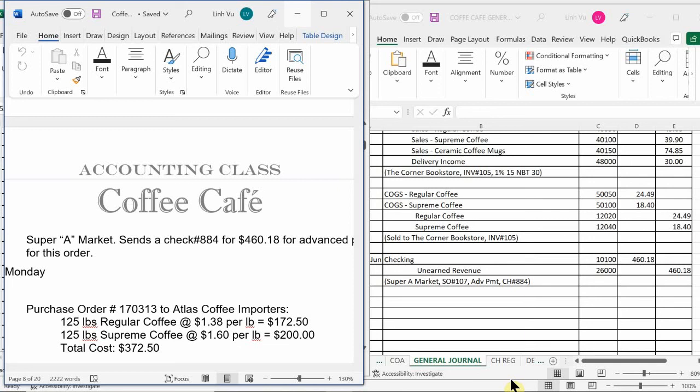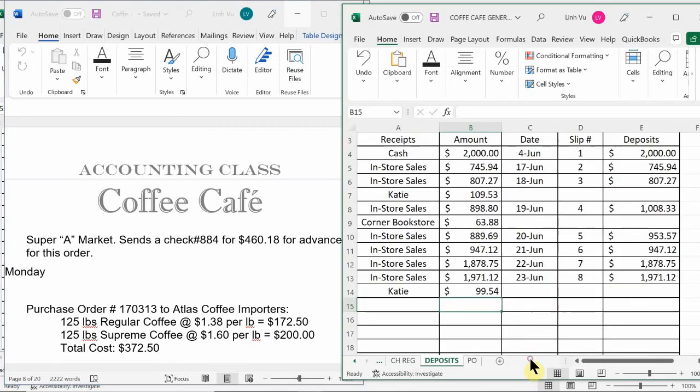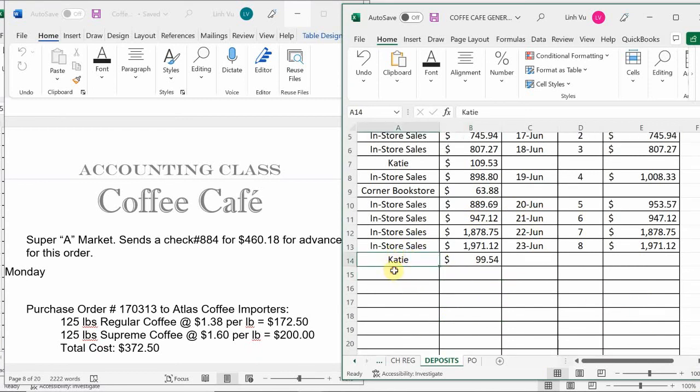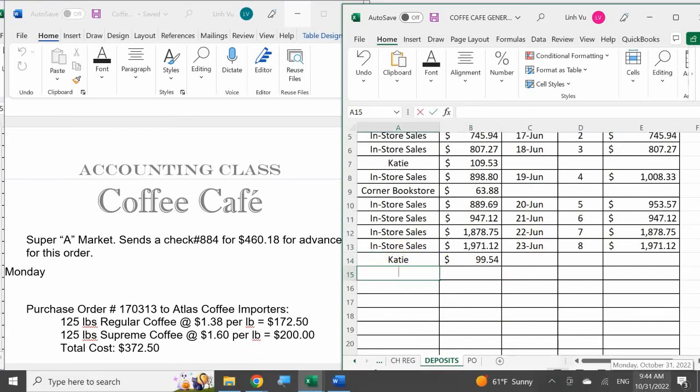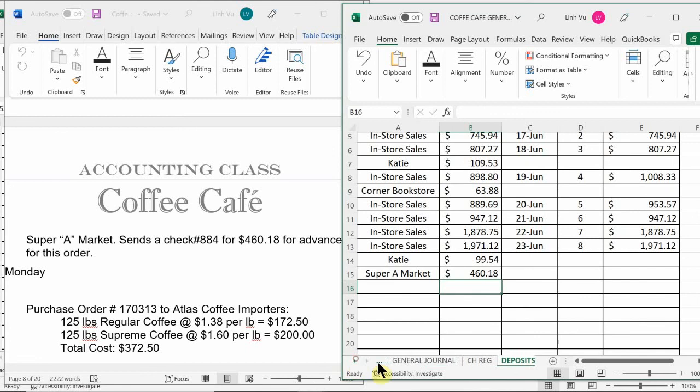You got to go to your deposits and represent that you collected the money. So in this case, we collected money from Katie, and we also collected money from Super A for 460.18. We're going to leave it there because it's not the end of the day yet.